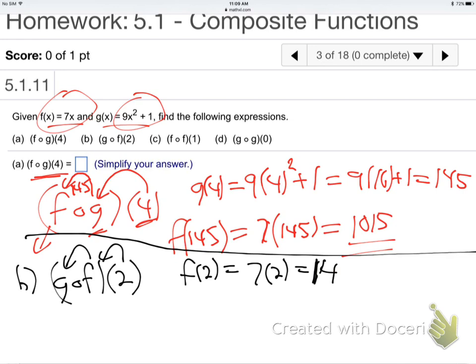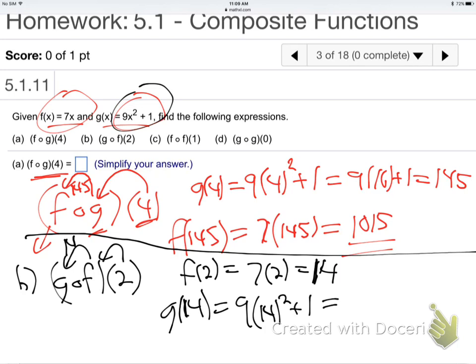Right? 14 pops out. So put that 14 into the G machine. Is this good? Am I losing you? It's all good. 14 into the G machine. Here's the G machine. It's 9 times whatever you plug in squared plus 1. So I don't know what that is. 1765. Thank you. I thought that's what it was. I just hate to show off. Sorry. Yeah. Good? We good there?